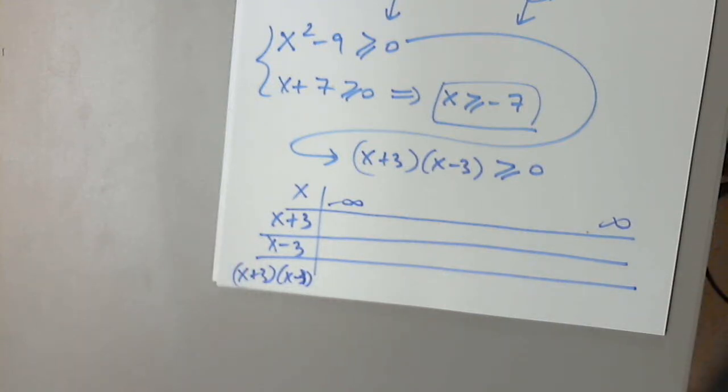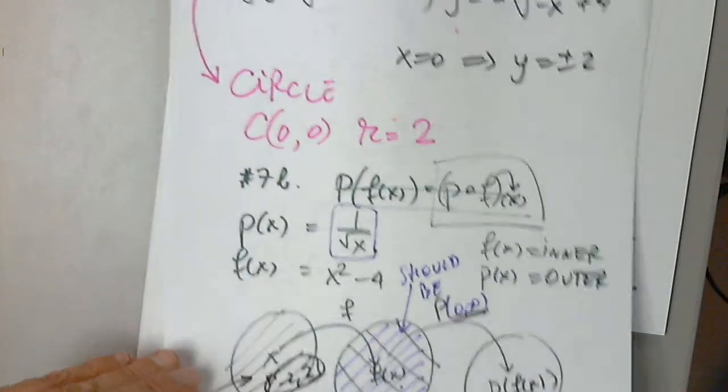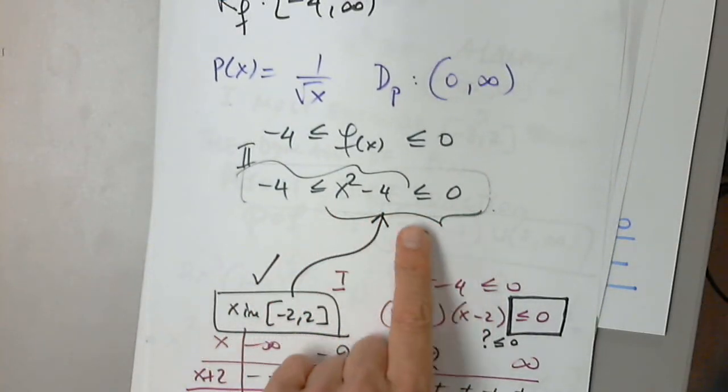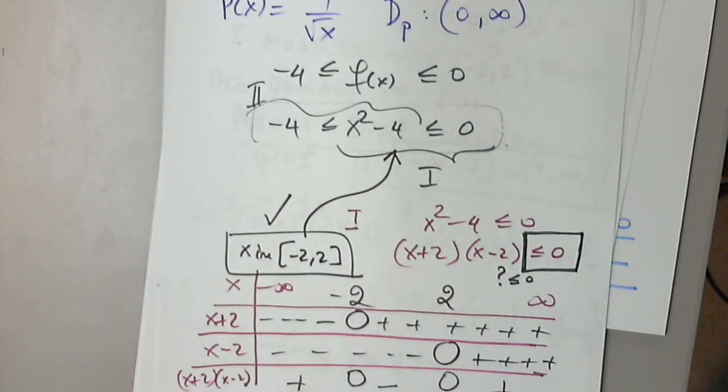Yes, Mike? Can you go back to the other problem that you showed? If we move the 4 to the other side and then square root it, we get negative 2, 2, but you don't get the interval.